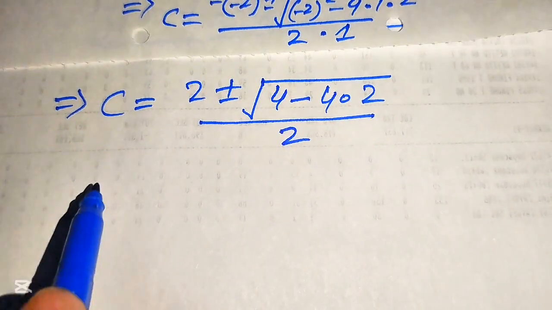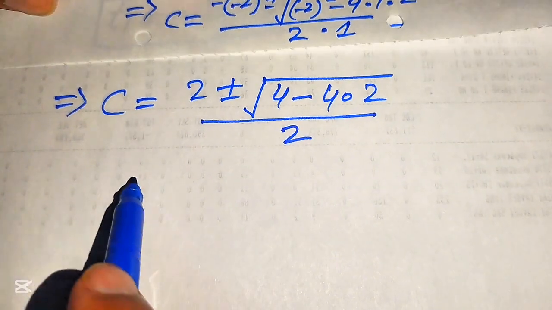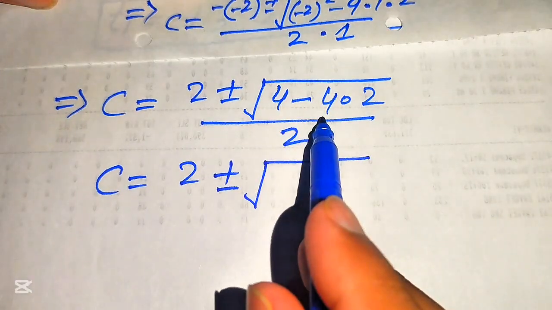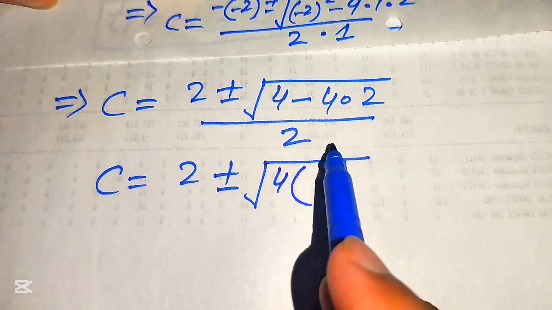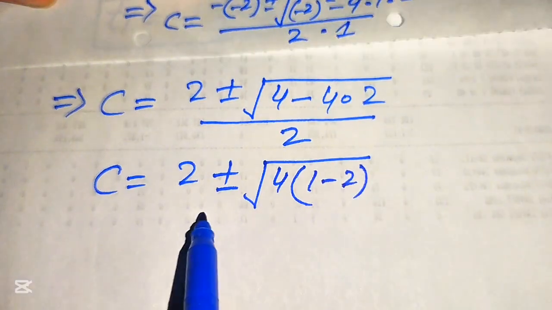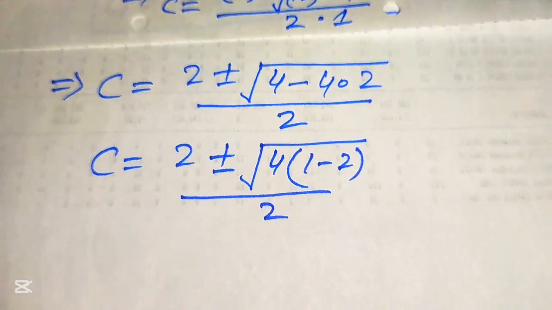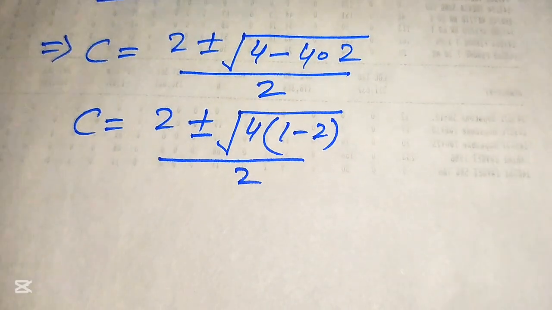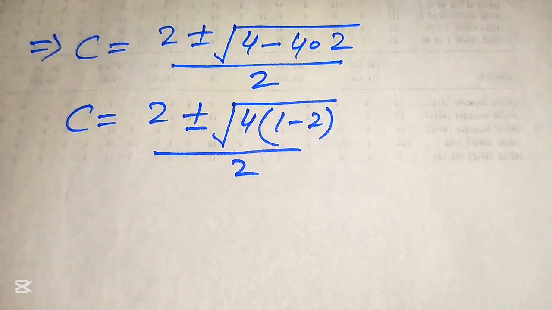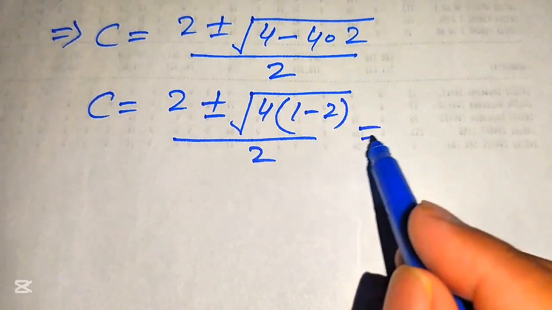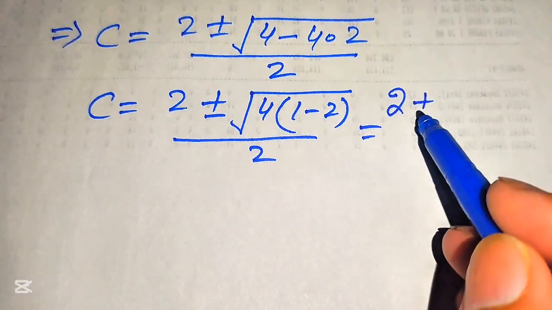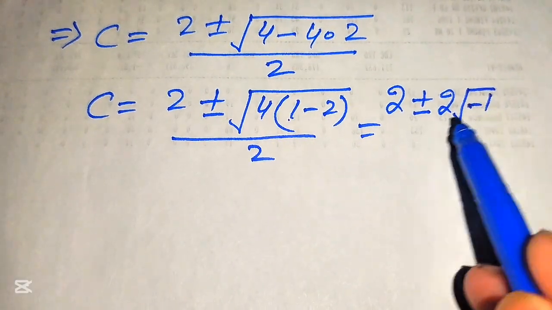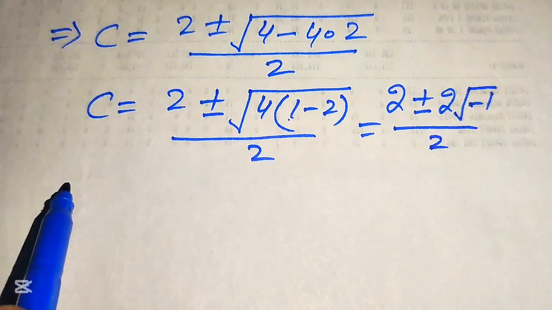And now further in the next step we need more simplifications, and it will be written as c equals 2 plus minus, here we take 4 common inside the square root sign, and the remaining values are 1 minus 2, divided by 2. And now further, you see that the square root of 4 equals 2, so we write it as 2 plus minus 2 times the square root of 1 minus 2 which equals -1, divided by 2.